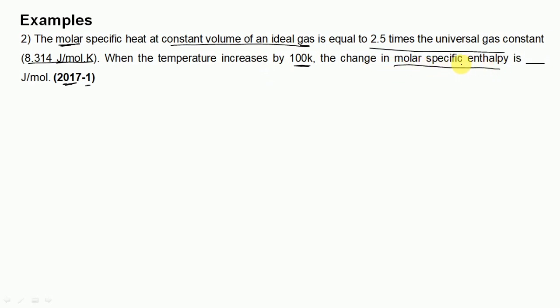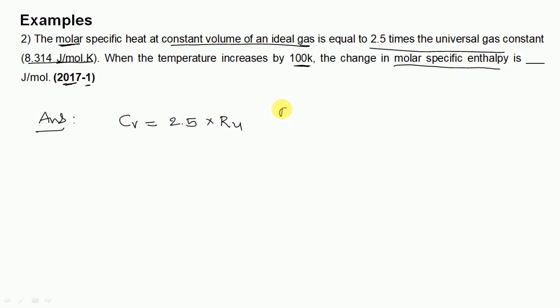Okay, so if you write the given data, the specific heat at constant volume, Cv, is equal to 2.5 times the universal gas constant, Ru.